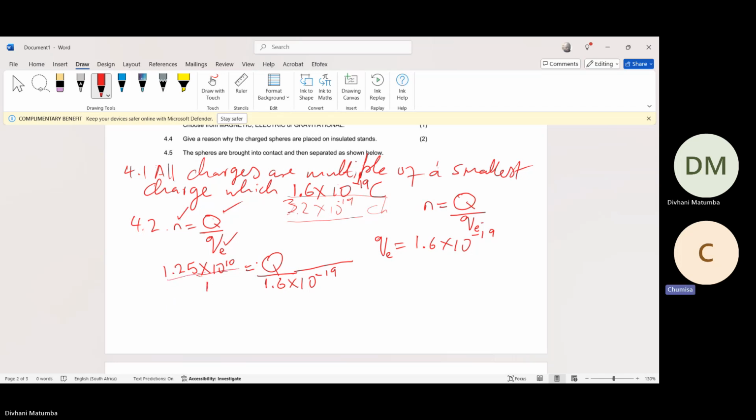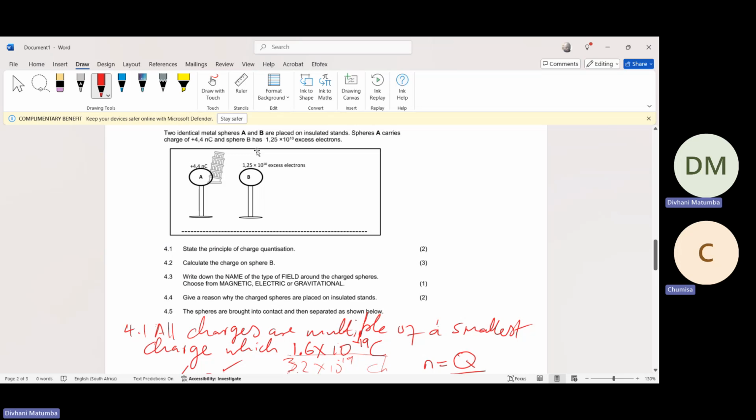I think we're going to use the Qnew equals (Q1 plus Q2) divided by 2 formula to calculate QB? Yes, sir. No, not at all. The thing is, they are trying to trick you. They have given you the number of electrons, not the charge.